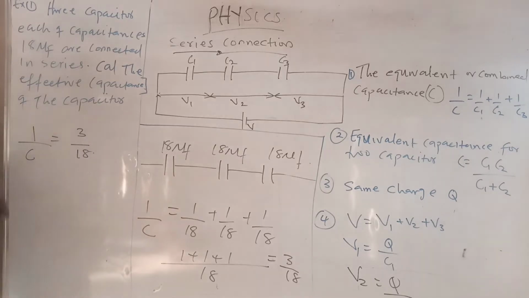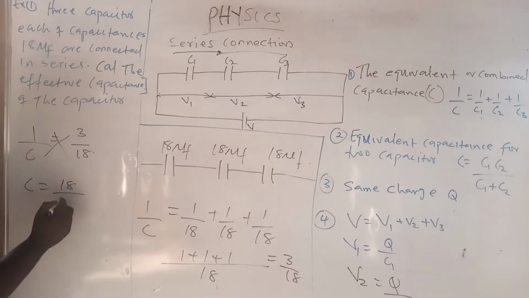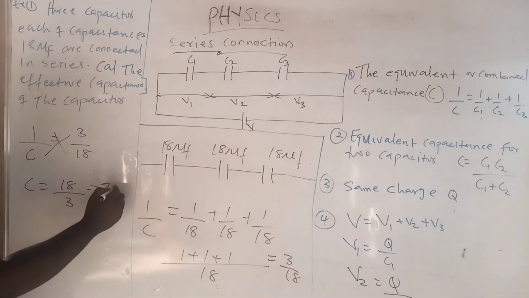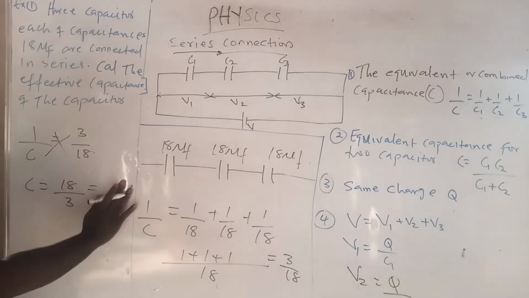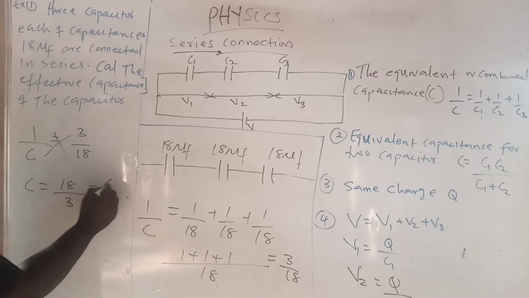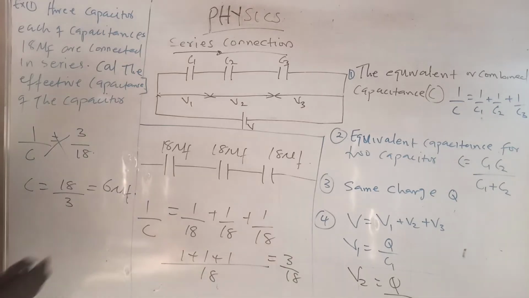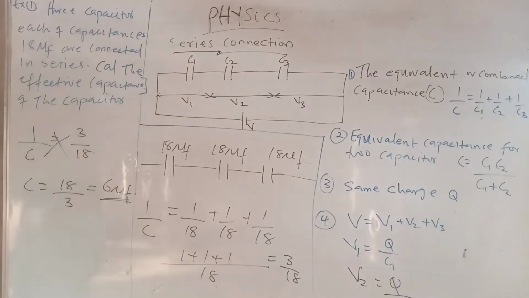Now, remember what we want to calculate is C. And so if you cross multiply, C is equal to 18 all over 3, and that will give you 6 microfarad. And that is the answer.